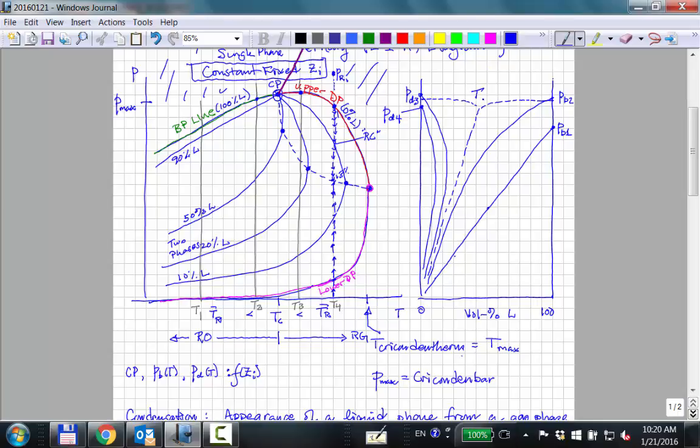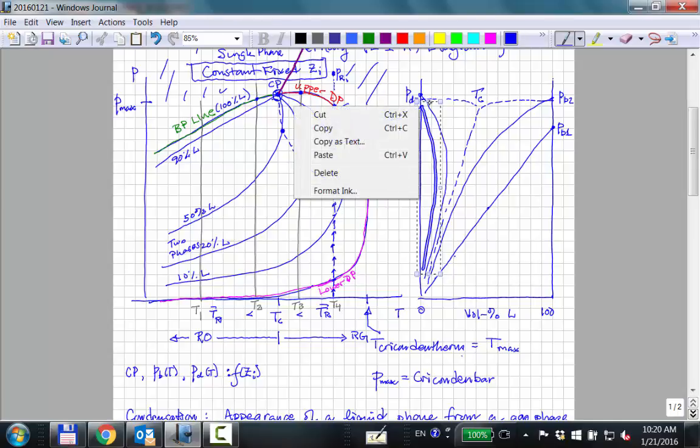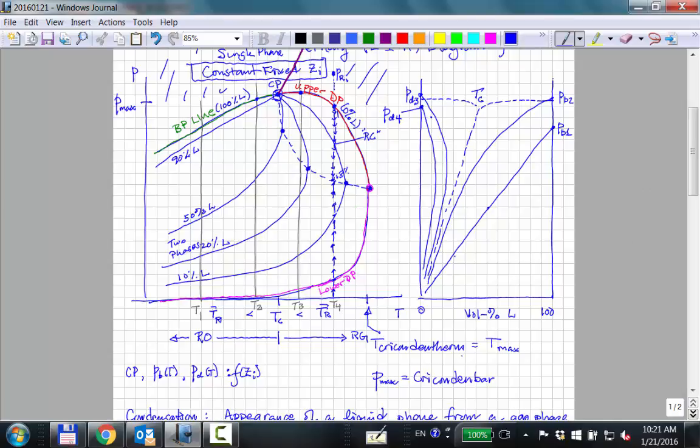That would be at the critical temperature. If you just went a little bit less than the critical temperature, it would come from the oil side, and if you went just a little bit to the right of critical temperature, it would come from the dew point side. But it would basically grow very rapidly towards 50%.